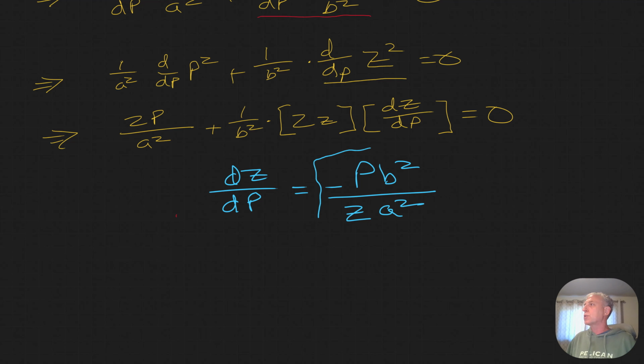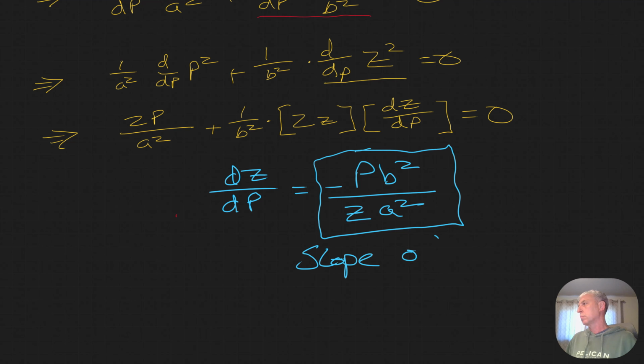And that is the slope of our tangent line at any point on the ellipsoid. Remember, p is like our x coordinate, z is like our y coordinate. So, cool. That's the slope of the tangent on an ellipsoid at any point.